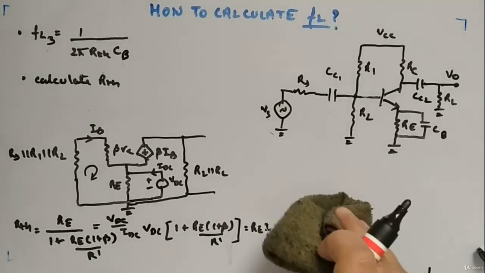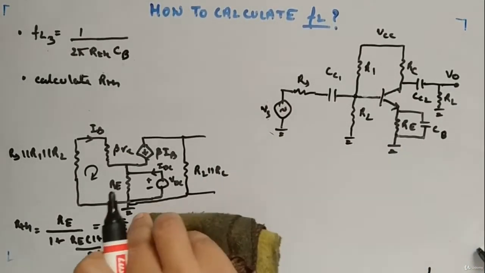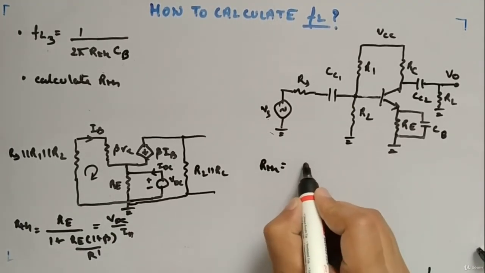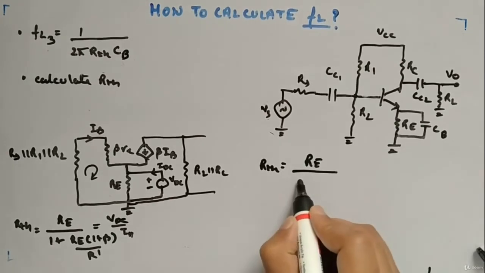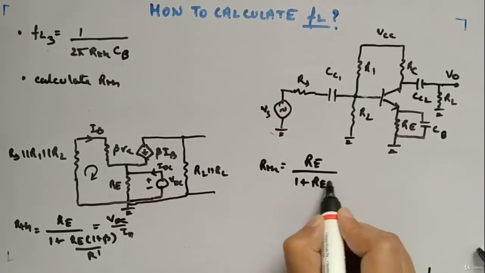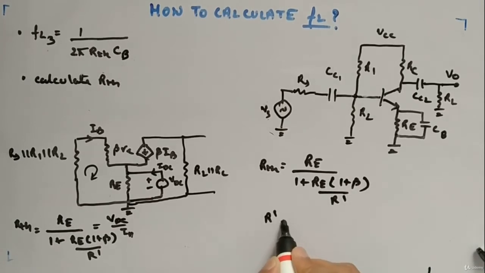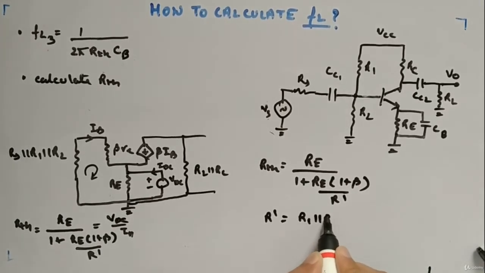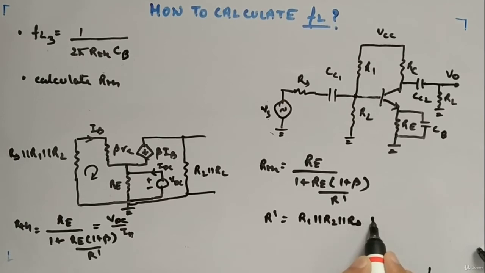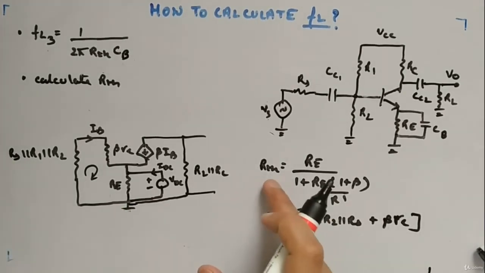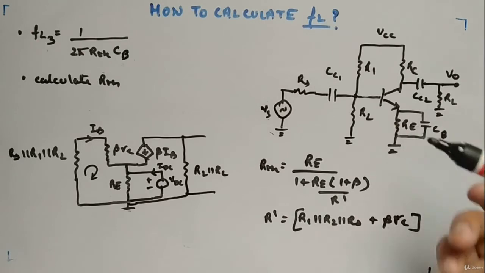So RTH is equal to capital RE divided by (1 plus RE (1 plus beta) divided by R dash), where R dash is R1 parallel R2 parallel RS plus beta small re. Okay, this is R dash.